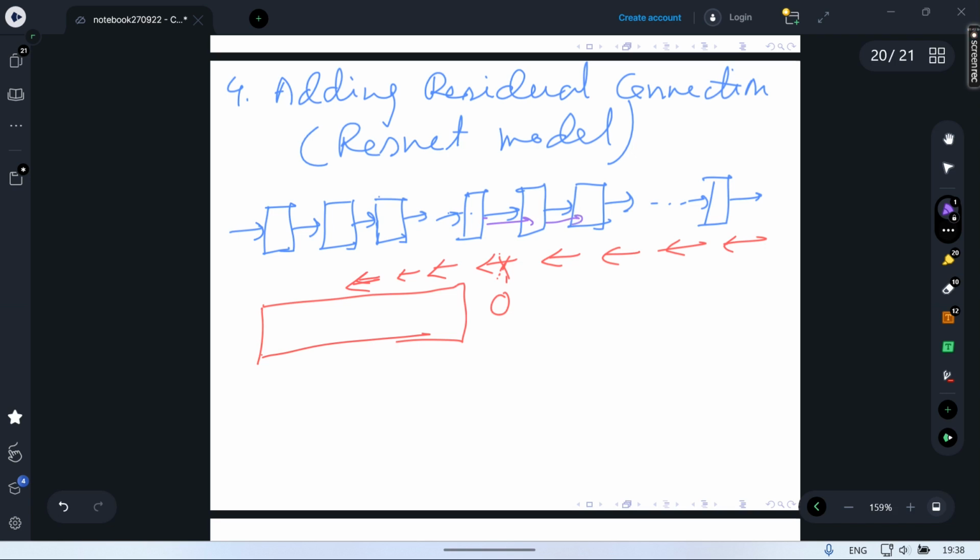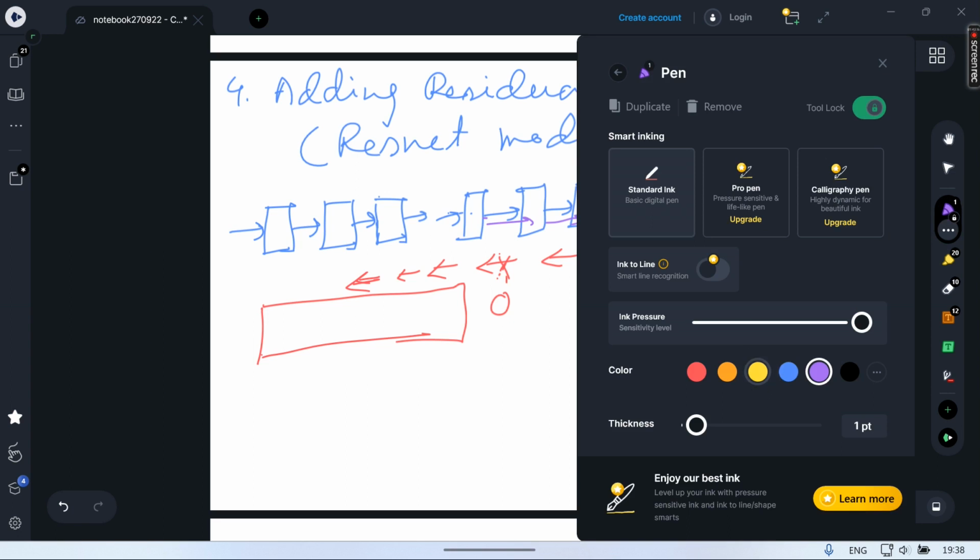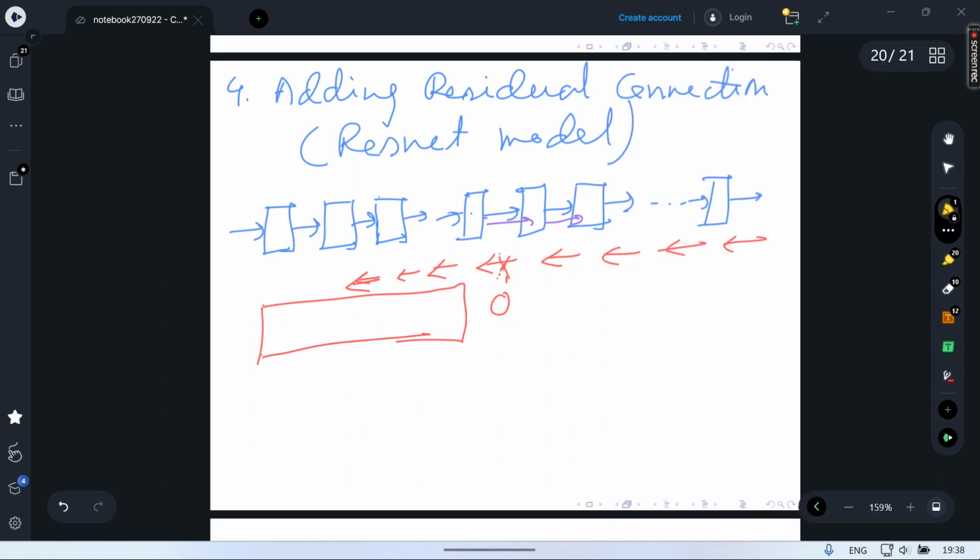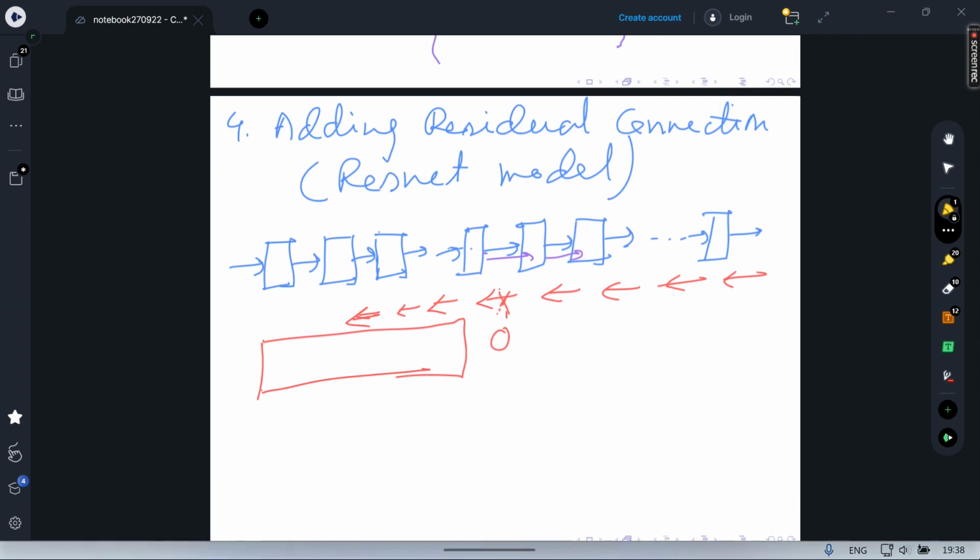But in a residual network, you will add a connection like this from here to here. You add a direct connection from this layer to this. So you add an extra connection from some lower layer, skipping some intermediate layers.